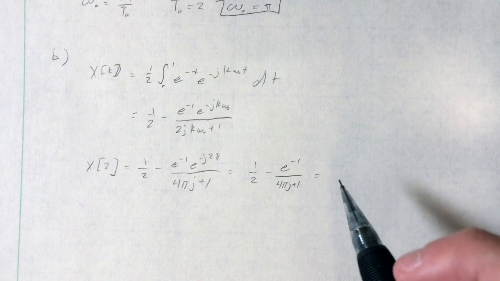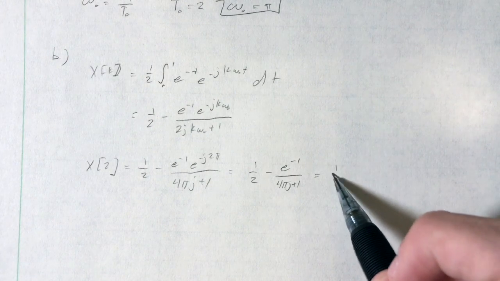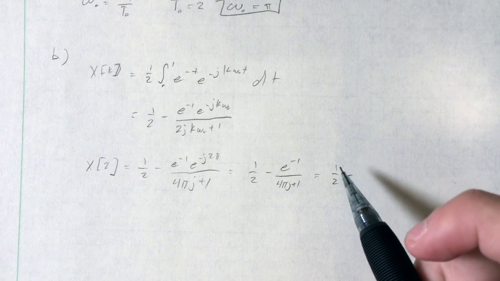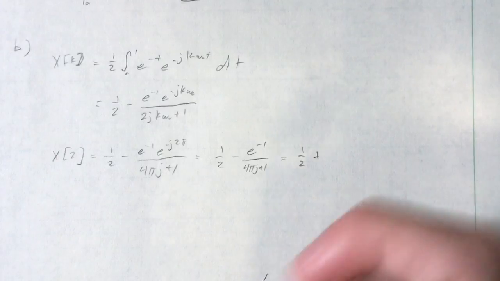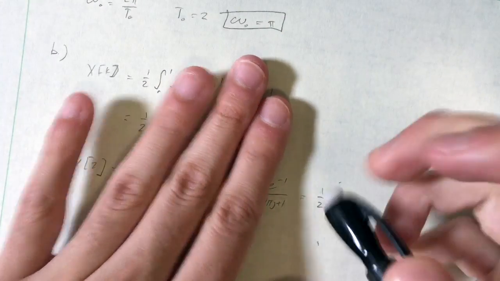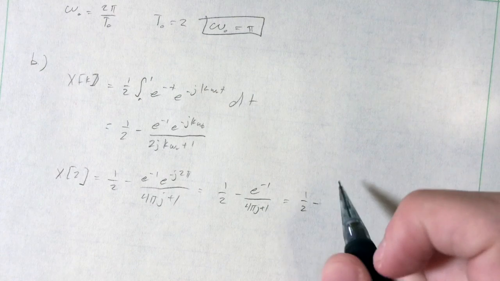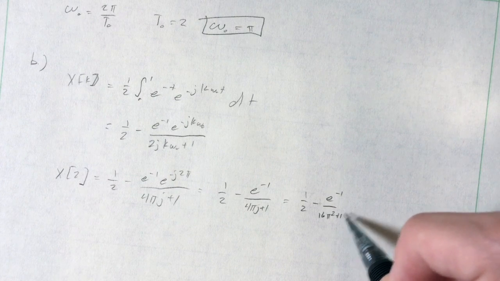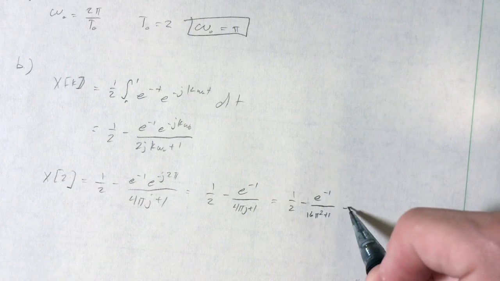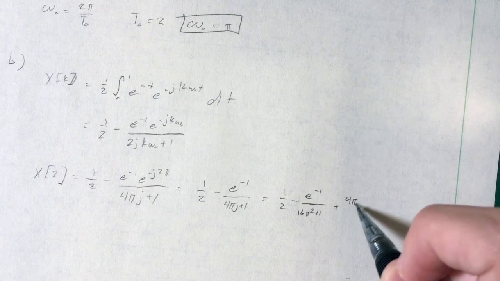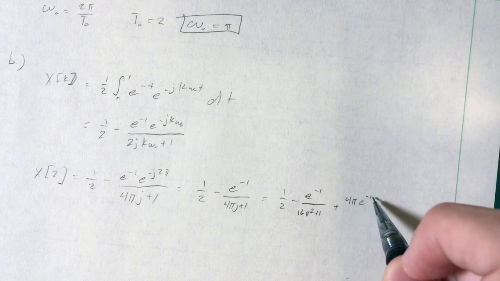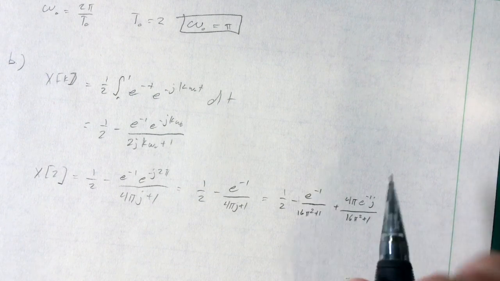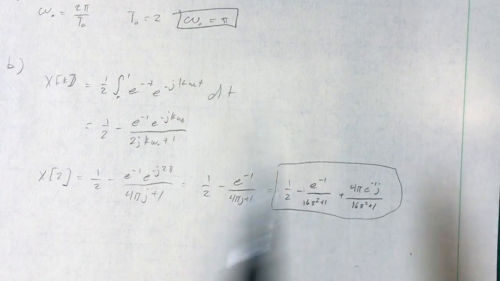This should get us 1/2 times (1 minus e to the minus 1) over (16 pi squared plus 1), plus 4 pi e to the minus 1 times j over (16 pi squared plus 1). And that is our final answer.